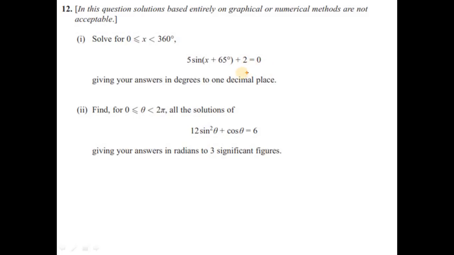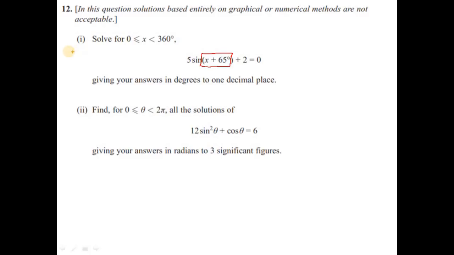Okay, so in this trigonometric equation, we are given a sine function with a complex angle. The easiest way to handle these types of equation is to make this angle as simple as one variable. In order to do so, we assume x plus 65 is one variable.